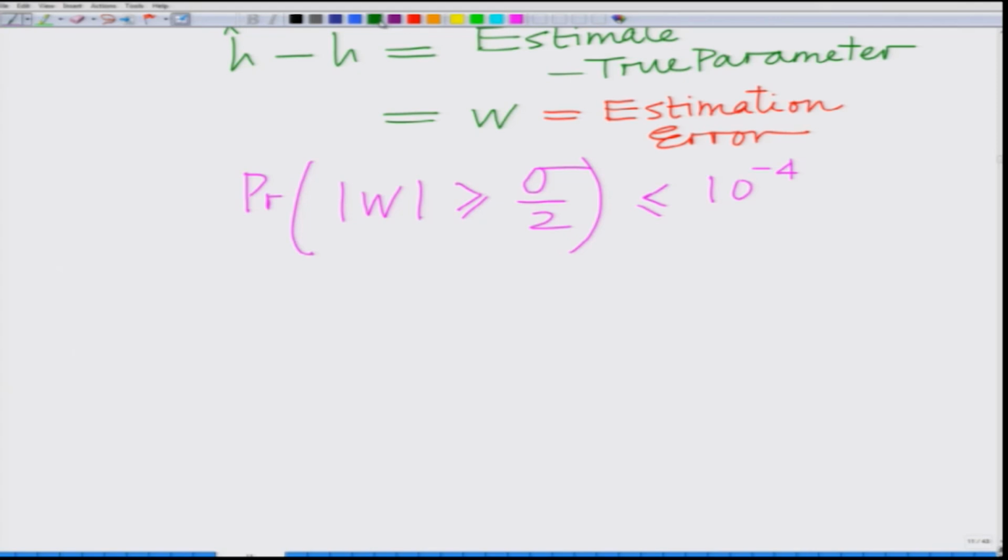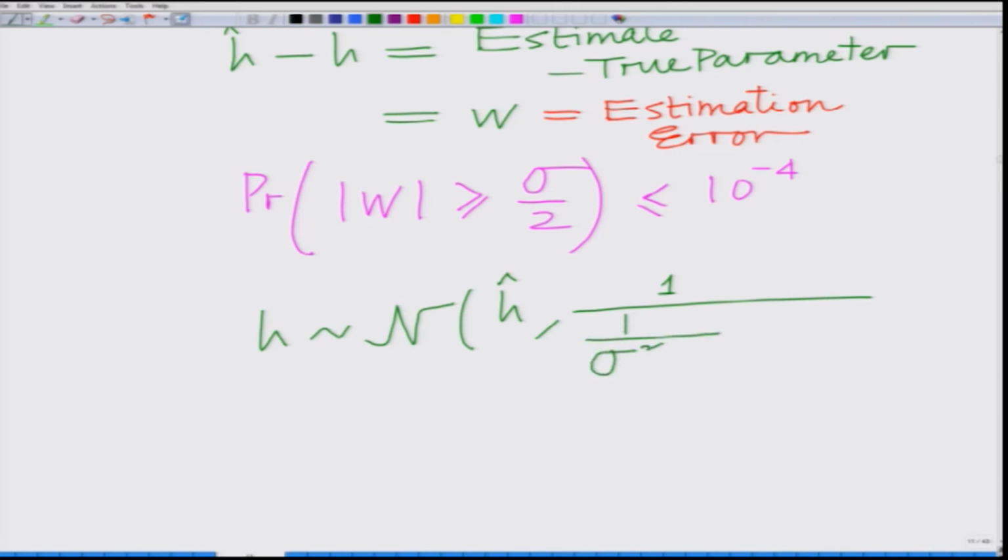Now recall that h is Gaussian distributed with the posterior mean h hat and the variance given by the MSE, that is 1 over sigma square by n plus 1 over sigma h square.